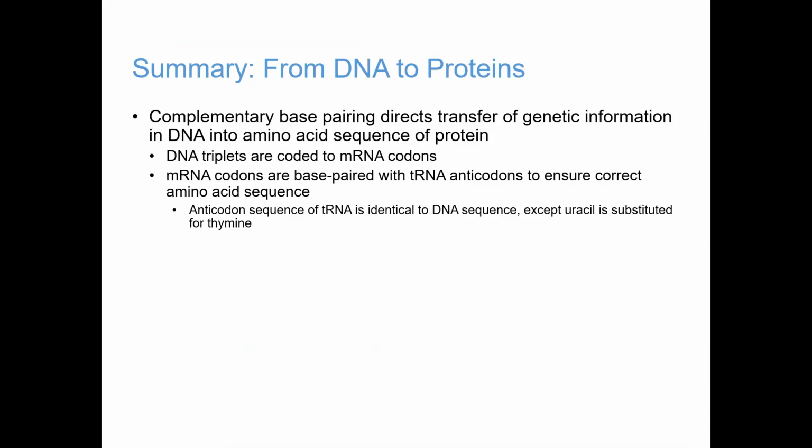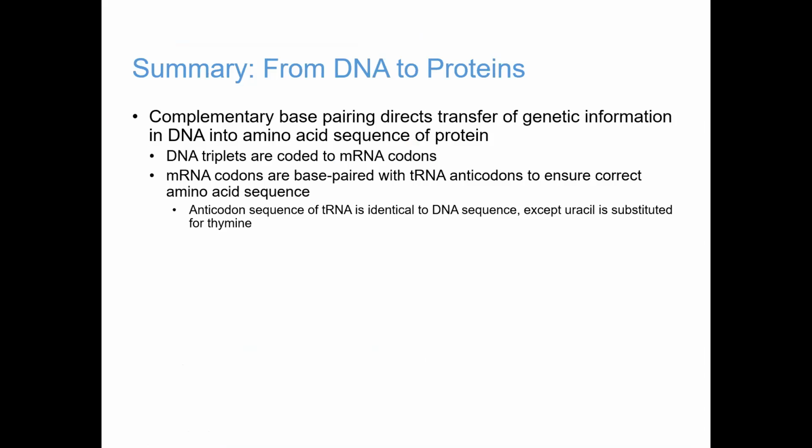The DNA triplets, the base triplets in the DNA, are copied onto the messenger RNA as complements. So if the DNA has an adenine, the complement is going to be uracil on the messenger RNA. If the DNA has a thymine, the complement will be an adenine.